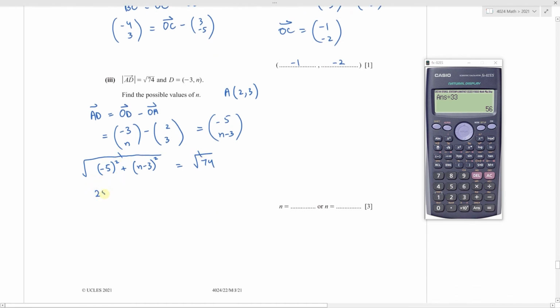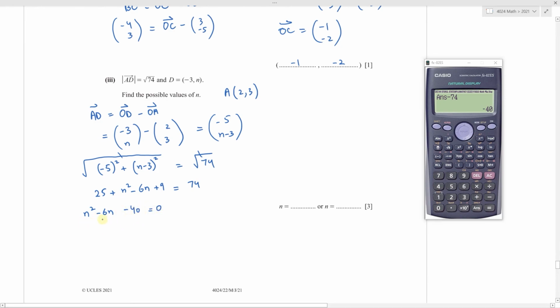This will be 25 plus n squared minus 6n plus 9 equals 74. So let's bring everything to the left side here. So n squared minus 6n, then 25 plus 9 and then minus 74. So this gives me minus 40 equals 0.